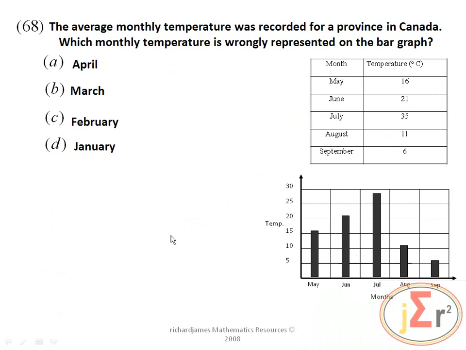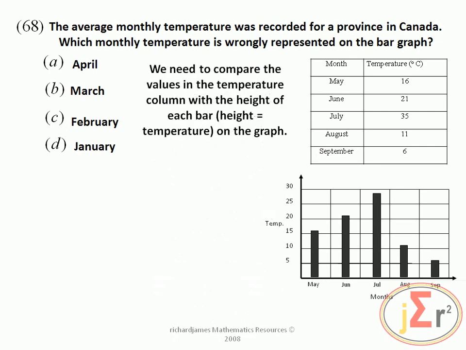The average monthly temperature was recorded for a province in Canada. Which monthly temperature is wrongly represented on the bar graph? We need to compare the values in the temperature column with the height of each bar. And of course, the height of the bars will give the temperature also.